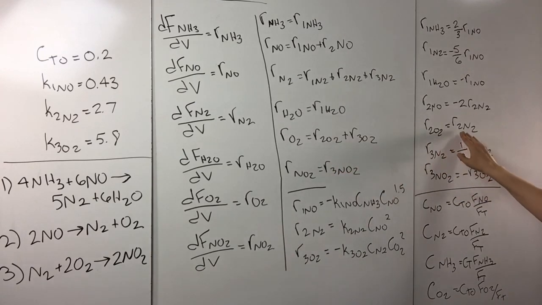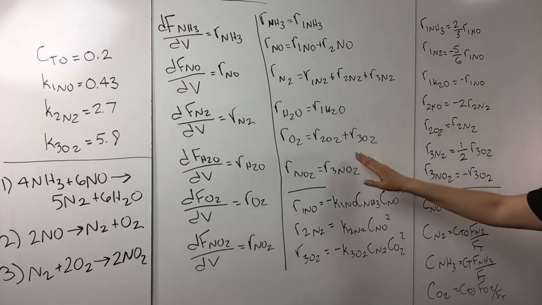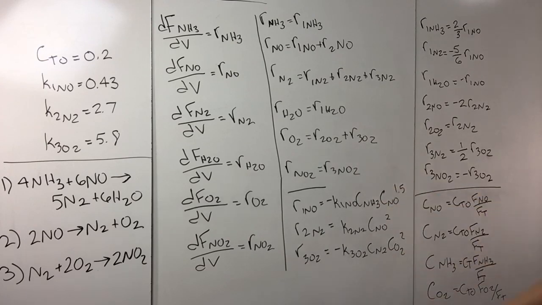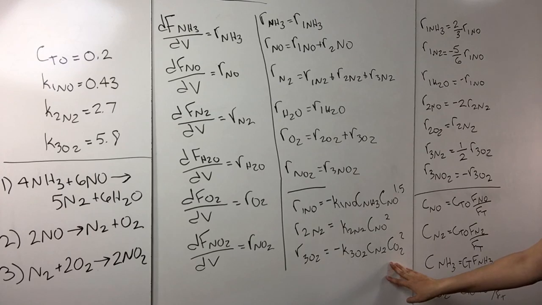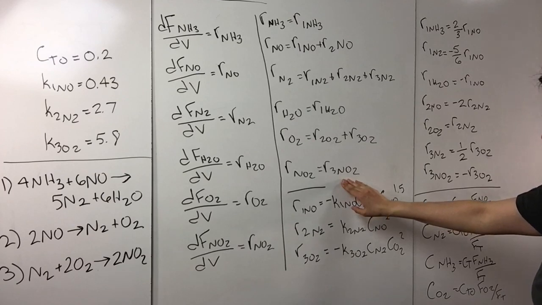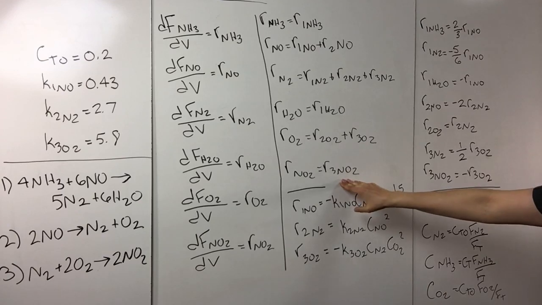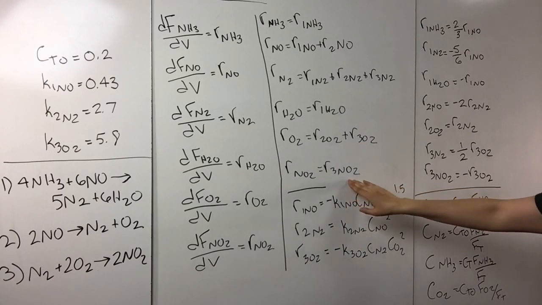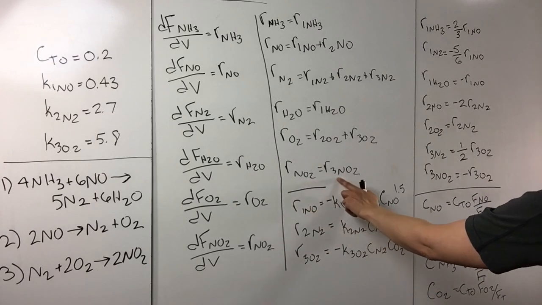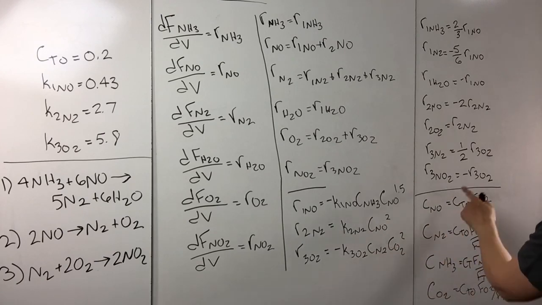R2O2 is equal to R2N2, which is positive. So that's right. R3O2 is given and it's negative, so that's right. And then NO2 is appearing in the third reaction only, so that should be positive. RNO2 is equal to R3NO2, which was equal to negative 3O2, so negative multiplied by negative is positive, so that one's right.